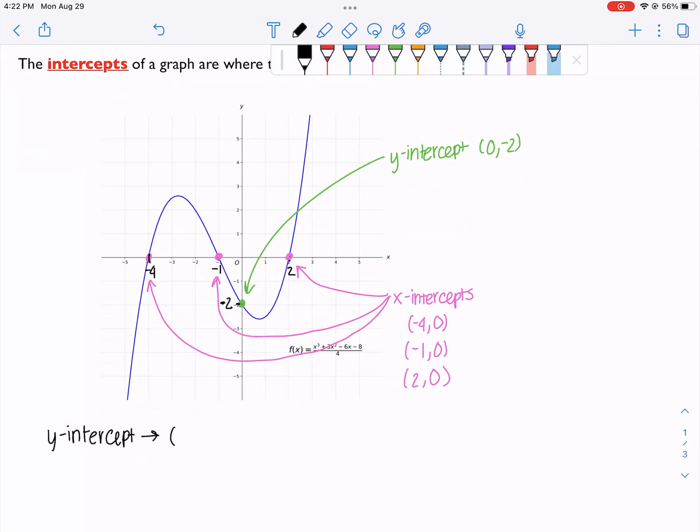The y-intercept is going to have 0 for x and then some value for y. And for the x-intercept, there'll be some value for x, but y will be 0.